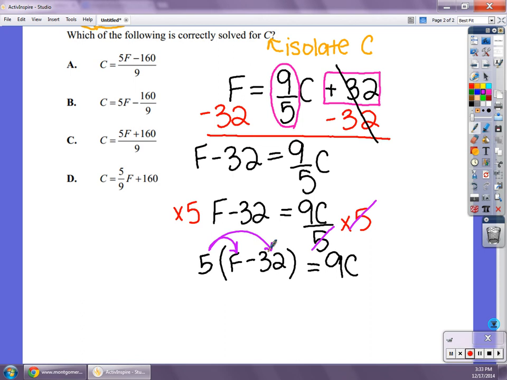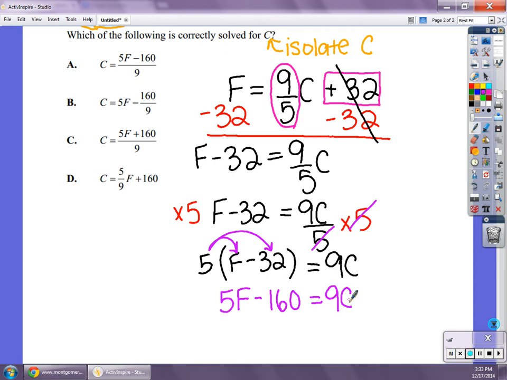And so we can see that when I multiply 5 times F, I'm going to get 5F, and when I multiply 5 times 32, I'm going to end up with 160. And now we start to see some of those numbers in our answer choices A through D. So here we are, we have 5F minus 160 equals 9C.